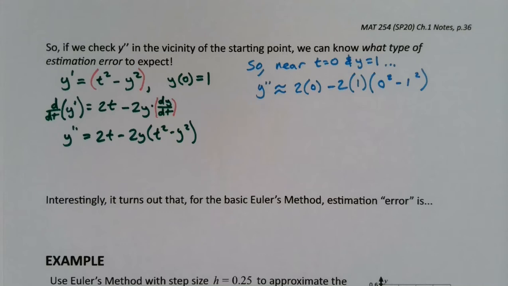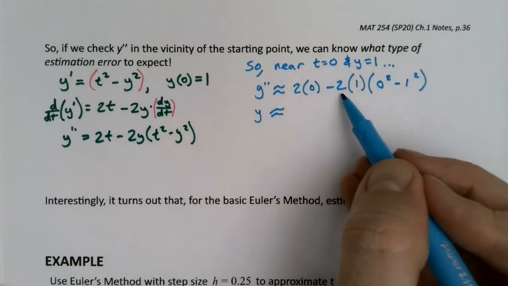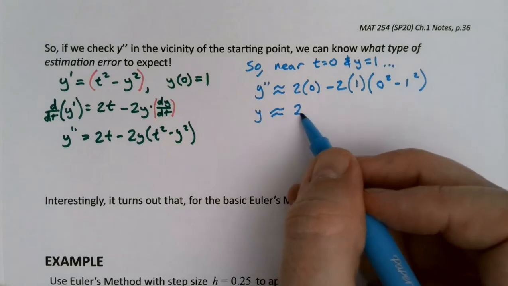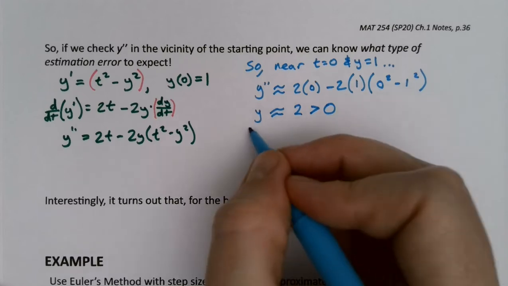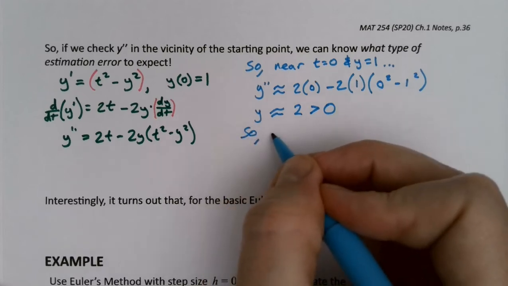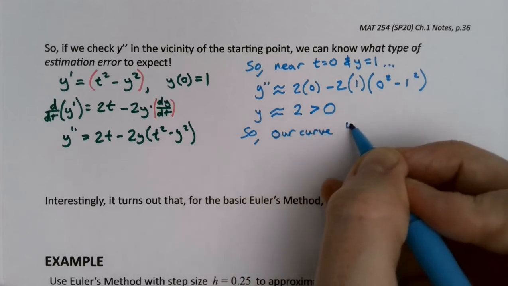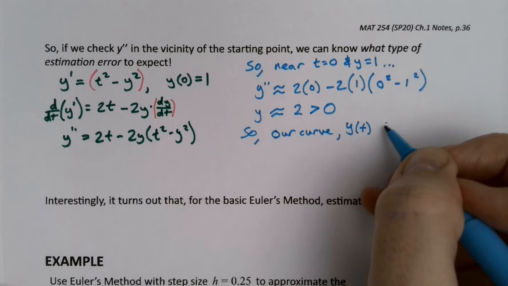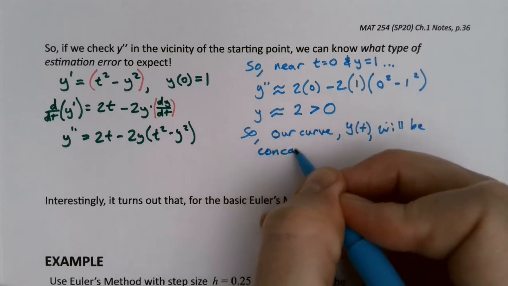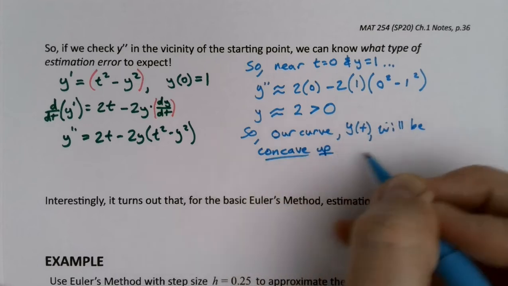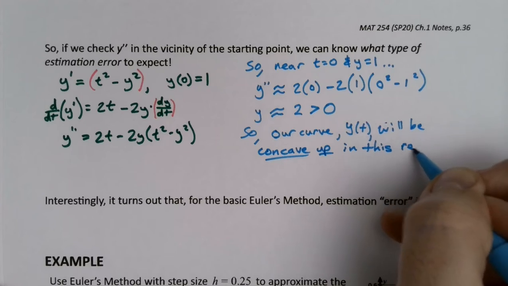And so with a little bit of effort, you can see that y is approximately equal to negative 2 times a negative 1, which gives me positive 2. And so that is definitely greater than 0. And that means our curve, y of t, will be concave up in this region.